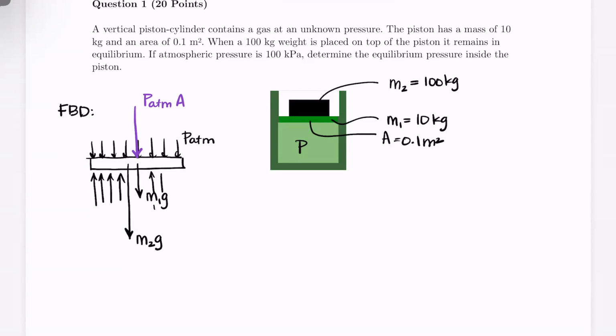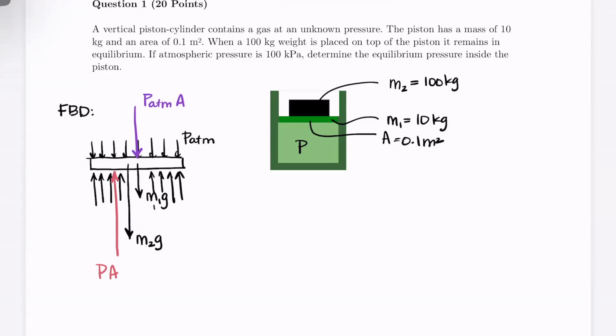Obviously the pressure is all along the whole bottom of this, but I don't want to make this too hard to read. So I also have P times A pointing up. Does everybody feel okay with the free body diagram?